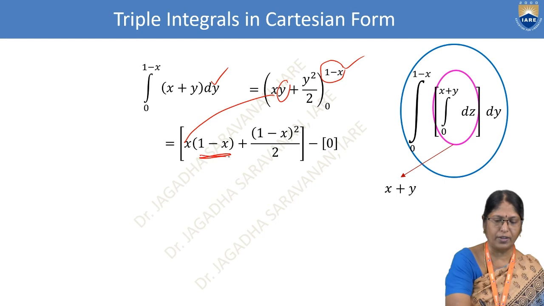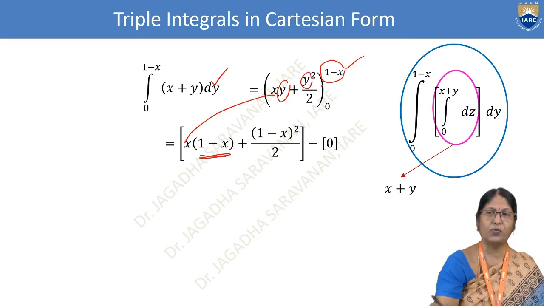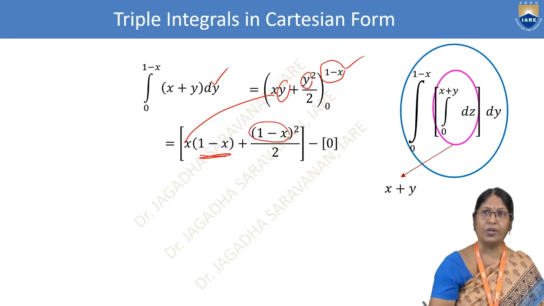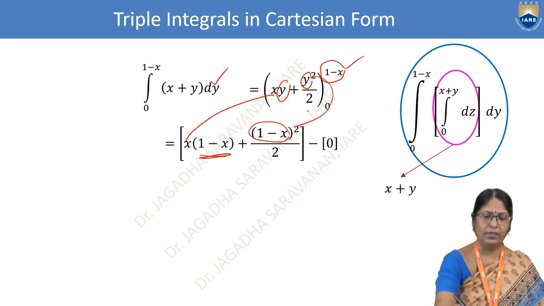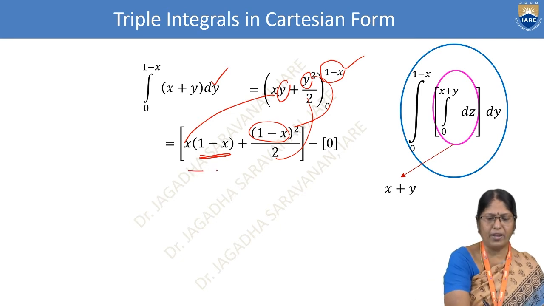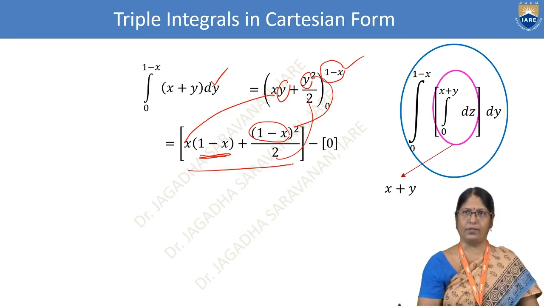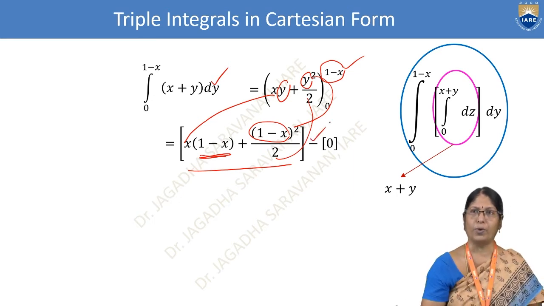Plus, in the y place we substitute 1 minus x, all squared, by 2. We completed the upper limit substitution. This is the result we got. This is the limit formula.